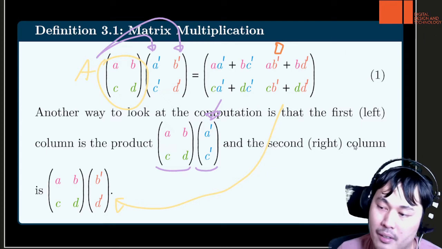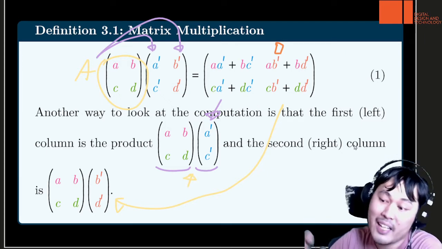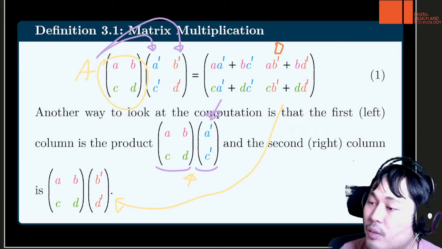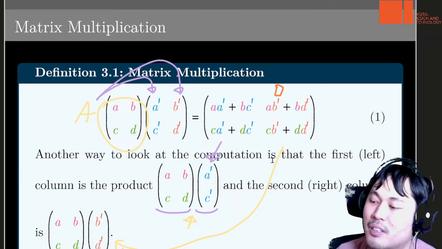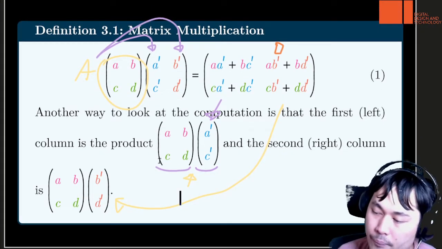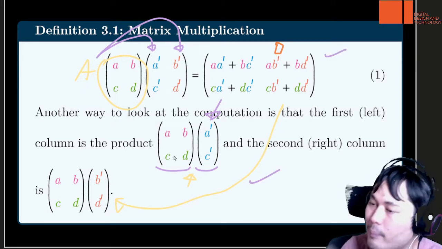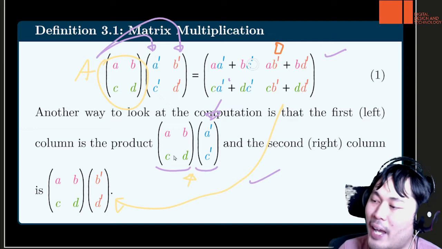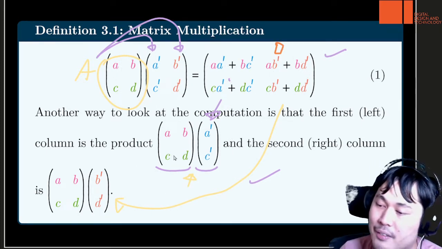And also the nice thing about this is it describes what is going on behind the scenes, which we will see in a moment. But for now, let's see if we can multiply matrices in this way. So that's the formula. Oh, and you can use either method. You can do everything at once if you want to, or you can split them into two tasks.